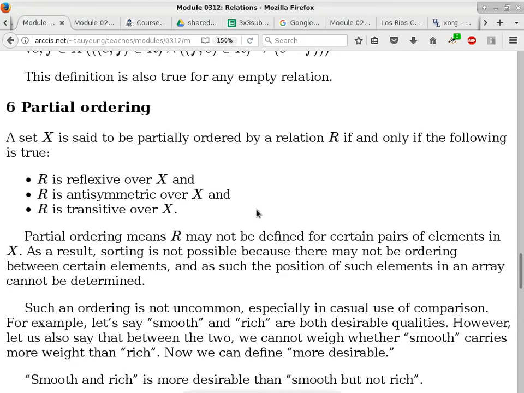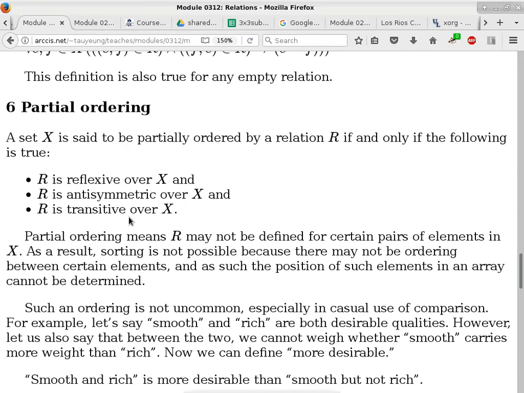We define a set X to be partially ordered by a relation R if and only if three things are true at the same time: R has to be reflexive, anti-symmetric, and transitive. If R satisfies all of these requirements at the same time, then we have partial ordering. Is that okay?